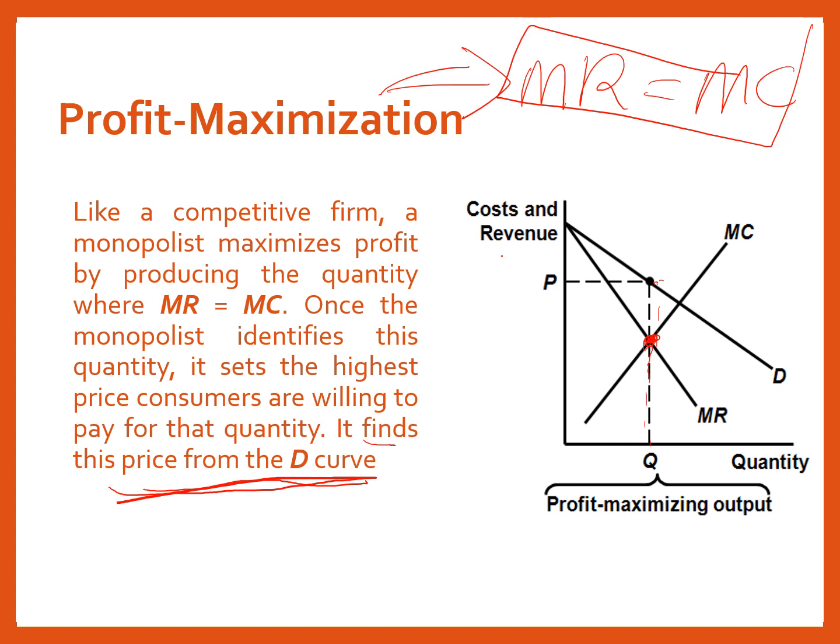So when MR touches the MC, you tarik, you akan dapat profit maximization of the P di point ini, dan juga quantity for the profit maximization di point ini. Ingat sama juga dengan konsep perfect competition tu. When the MR touches the line of the MC, and then you kena tarik, and then you boleh cari you punya point ataupun nilai untuk profit maximization you di point D, the point on the demand curve. Okay.